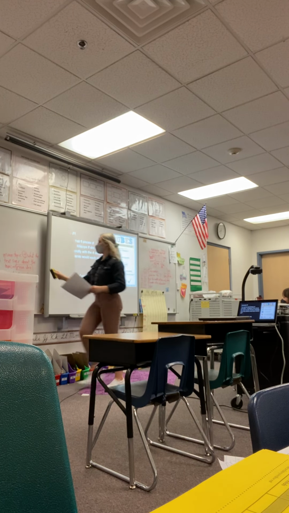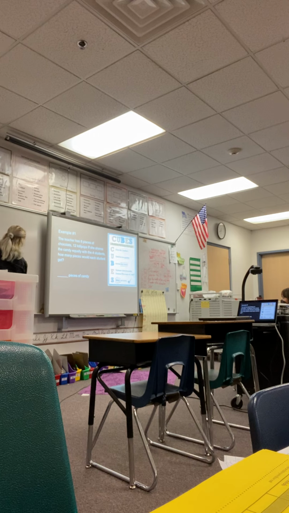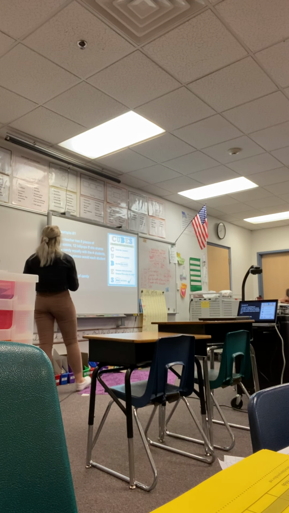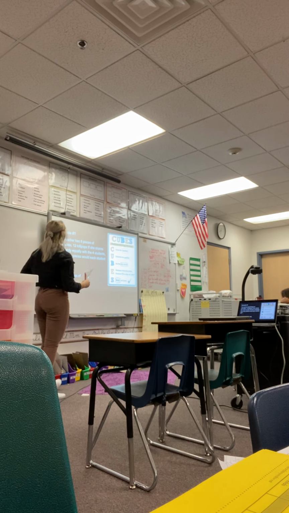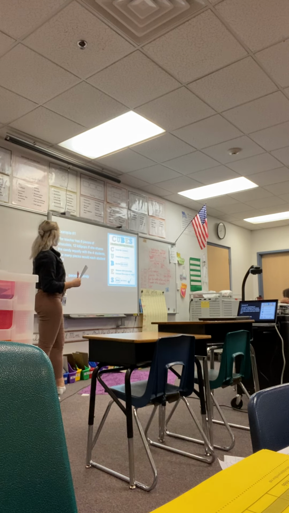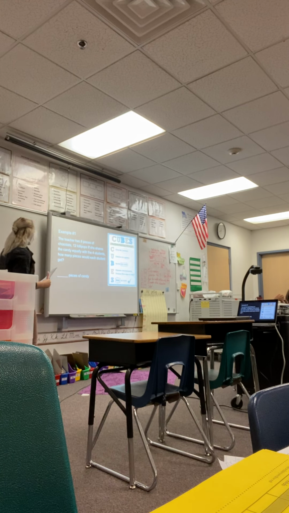Okay, so our problem says, example 1, the teacher has 8 pieces of chocolate, 11 lollipops. If she shares the candy equally with the 4 students, how many pieces would each student get?